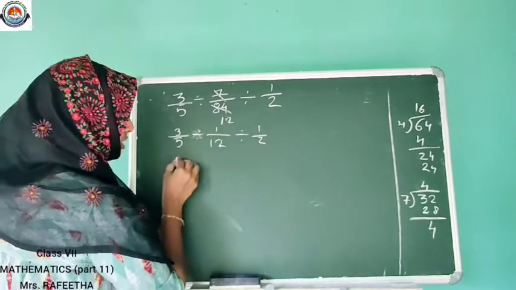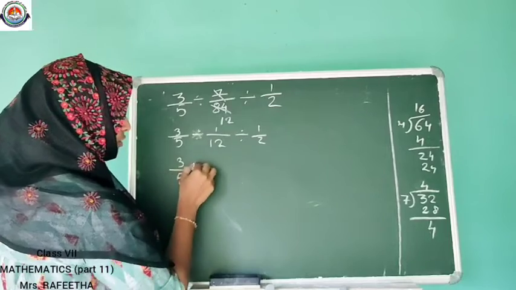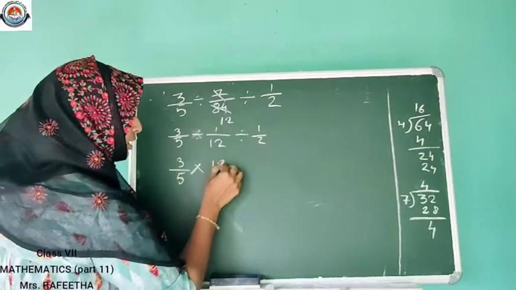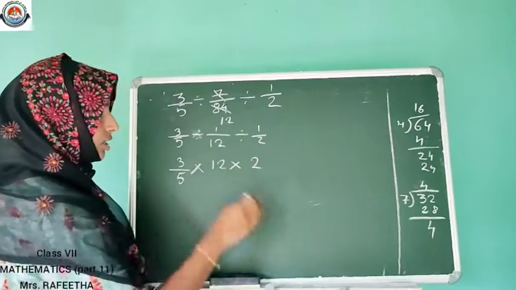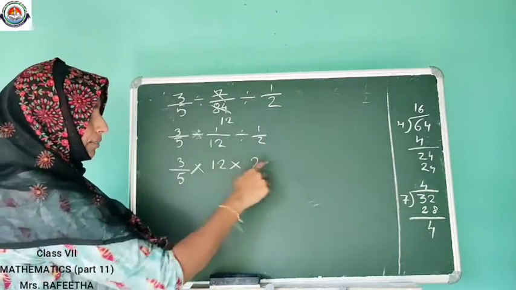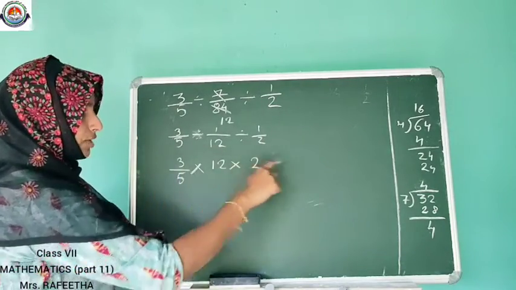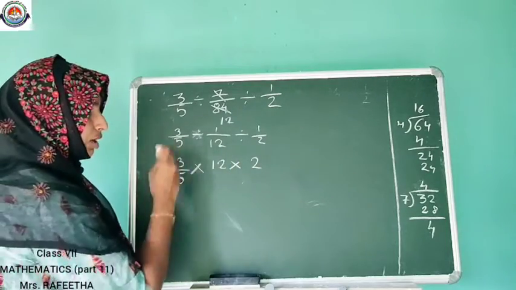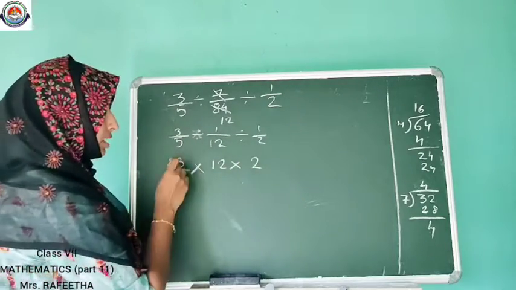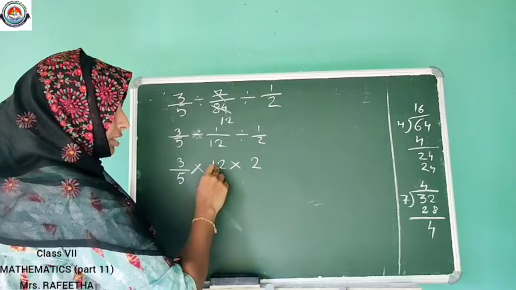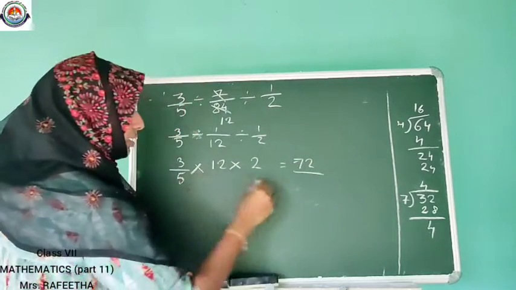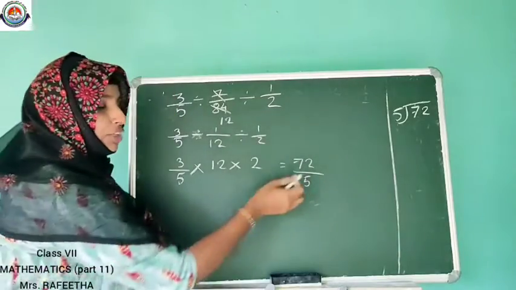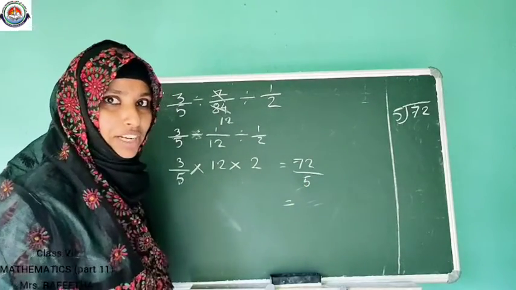So next conversion, 3 by 5, instead of division, multiplication, 1 by 12 into 2 by 1, that is 2 by 12 reciprocal. Okay, nothing is there to cut. No multiples of 5 are there in the numerator, so just we want to write this. 3 12s are 36, 36 into 2, that is 72 divided by 5.